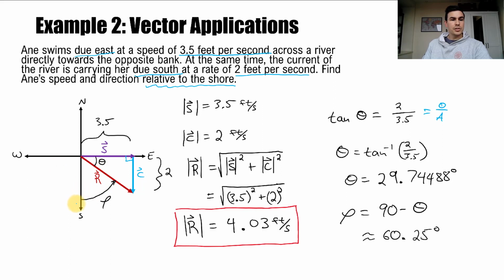So here we're going to start on our south line and go 60.25 degrees east. That would be 60.25 degrees east of south. That's how we would represent that final bearing there.